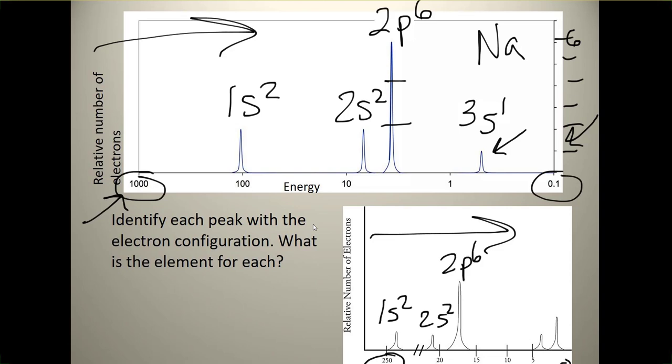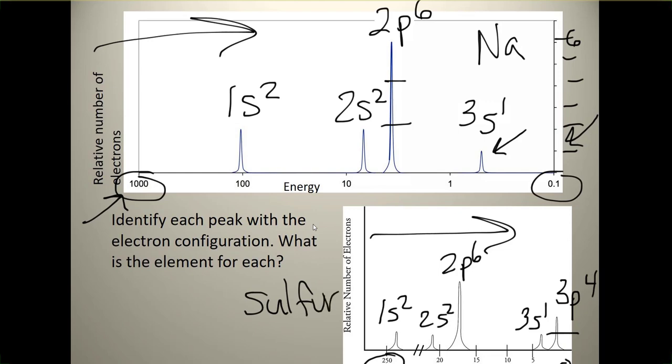And then this next one is the height of the 1s2, so that would be 3s1. And then this next one looks about double the one that comes before it, so that looks like it ends in a 4. So this would be 3p4. Looking on the periodic table, we find that this is sulfur.